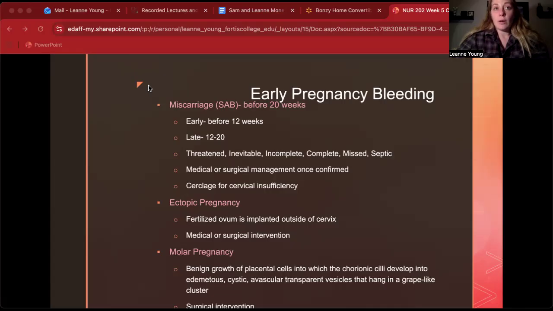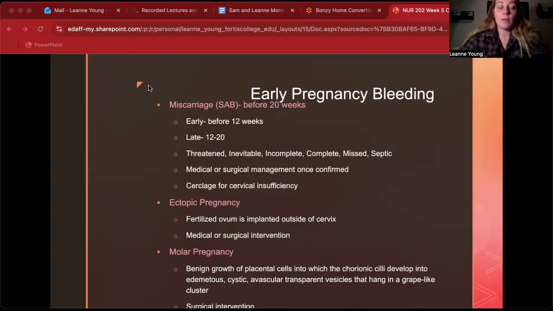If it's diagnosed and the fetus has not been passed yet, sometimes we can give a medication called Cytotec to hasten the process if mom desires. That is completely mom's choice and up to the provider if they think it is safe. Surgical management would be a D&C.